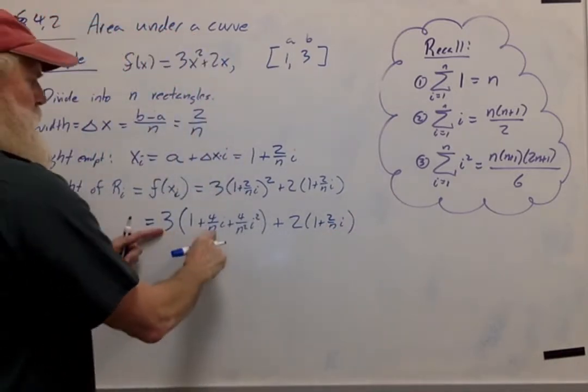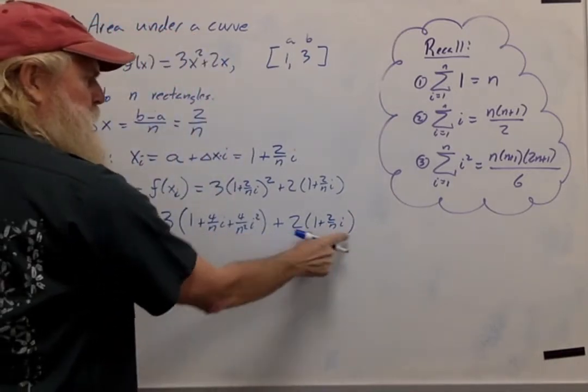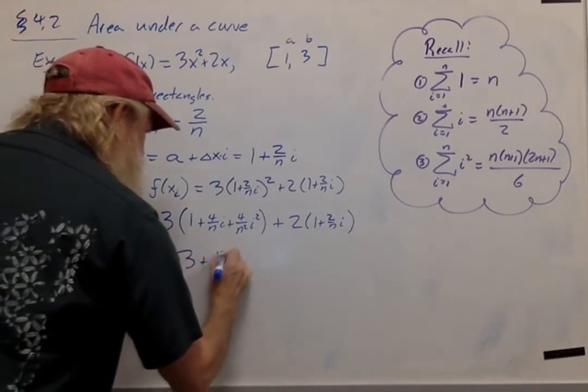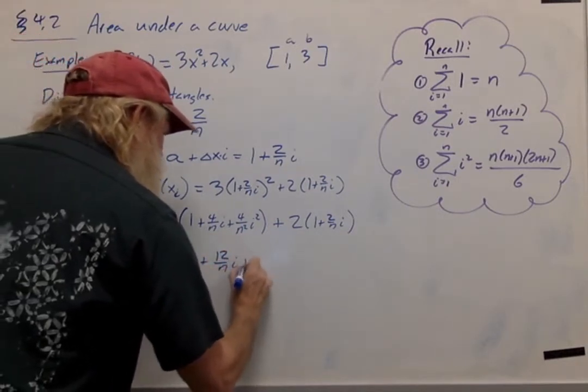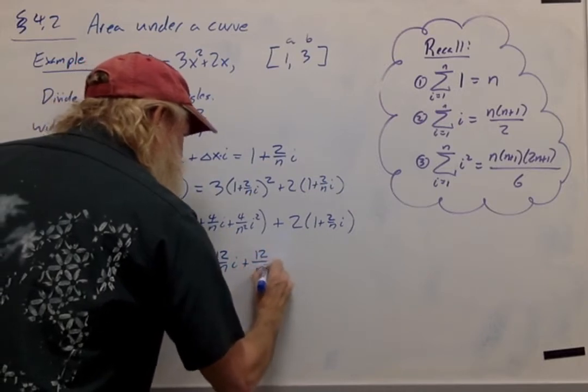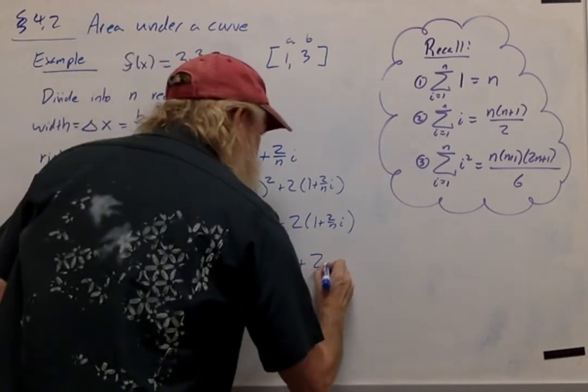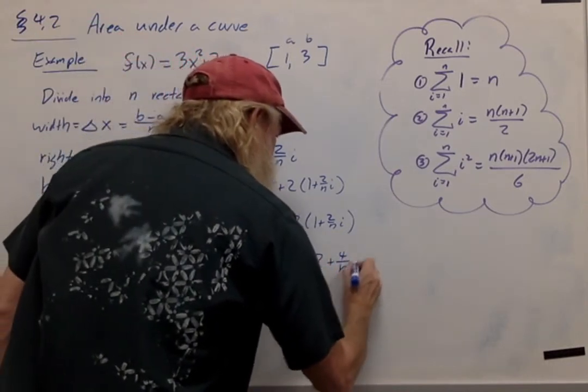And then I'll distribute the 3 over the trinomial and distribute the 2 over the binomial. So I have 3 plus 12 over n i plus 12 over n squared i squared, and distributing the 2, plus 4 over n times i.